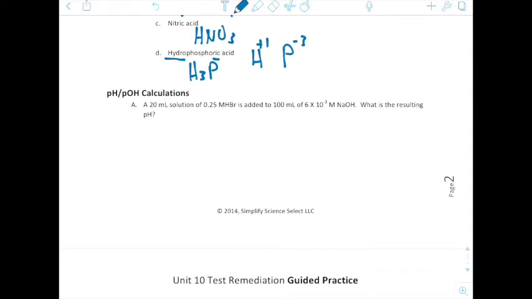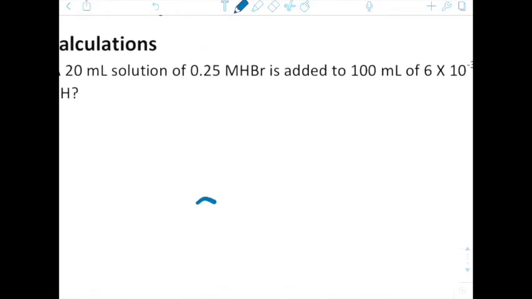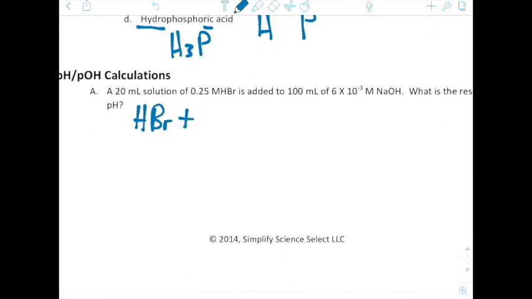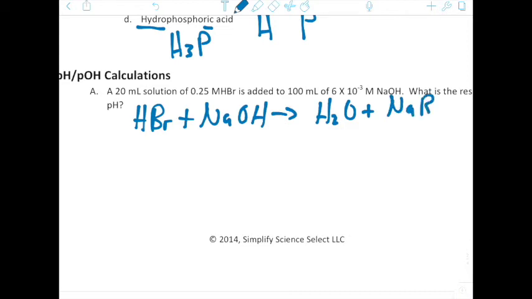And so initially you can look at this and write the reaction. So what you're going to have is your hydrobromic acid plus our sodium hydroxide, so our NaOH, and it will make those ions and water. Okay, so it neutralizes. The neutralization reaction creates this.